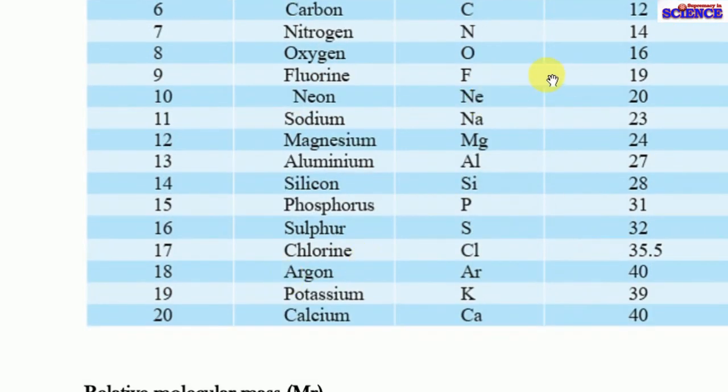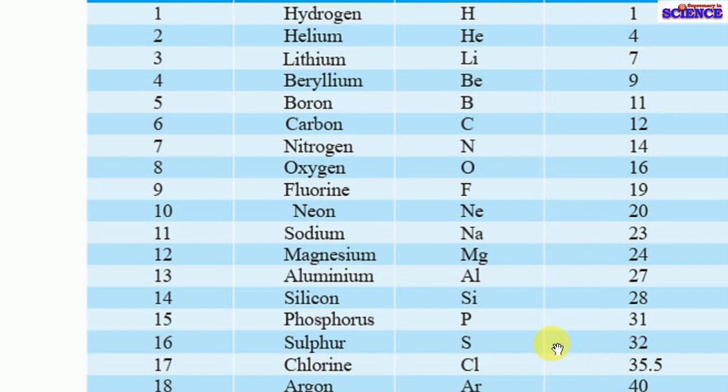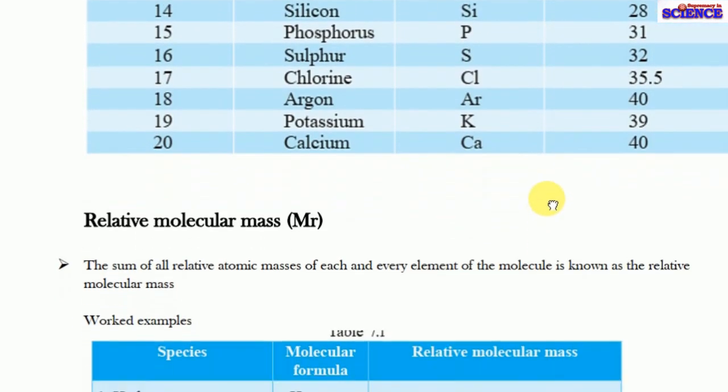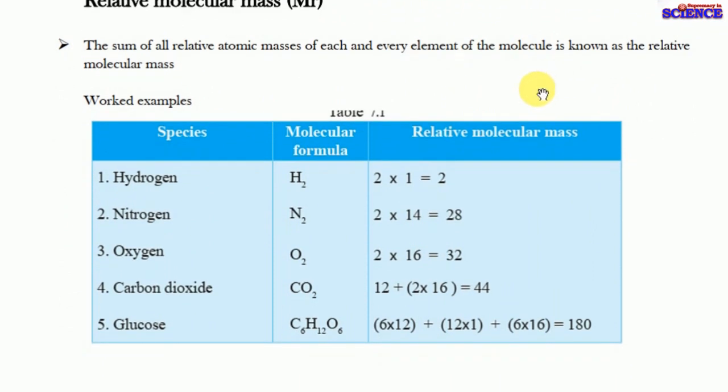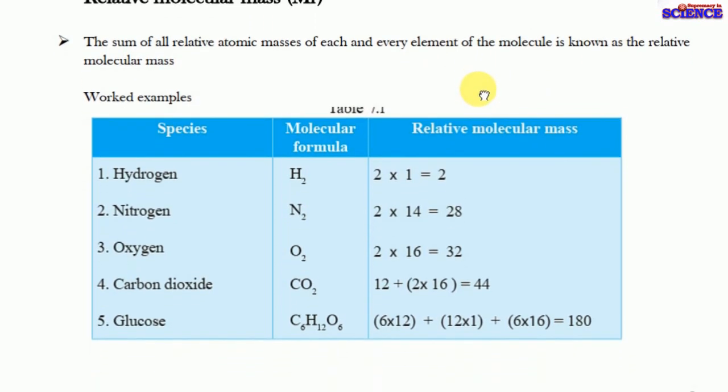Now, why do we want to know these numbers? If you go to molecules, in grade 8 or 9 you are learning about molecules. Let's see why we need these relative atomic masses for further applications.